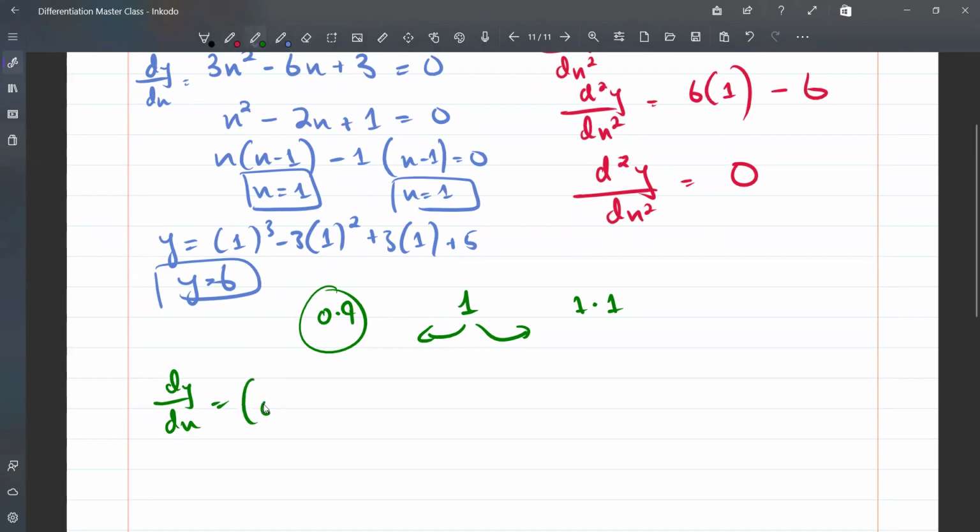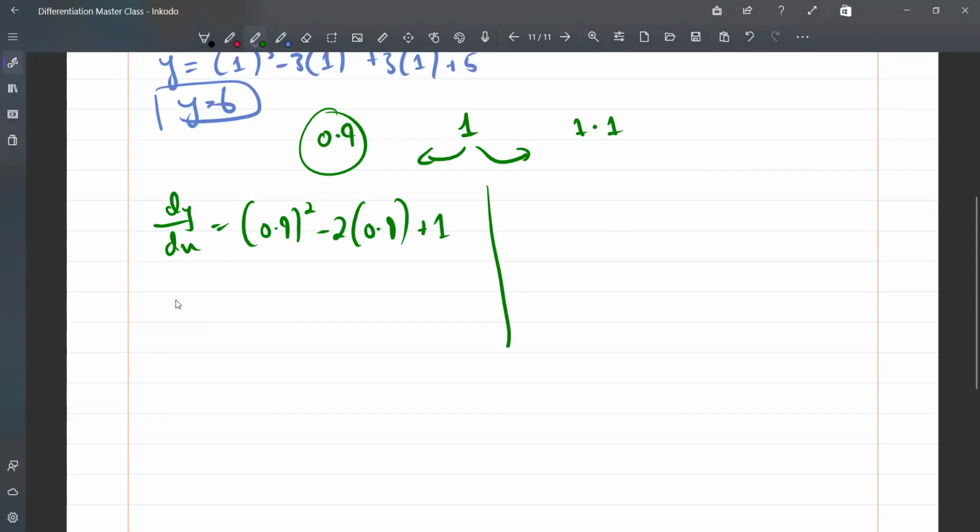So we have 0.9 square minus 2 times 0.9 plus 1, which gives dy over dx as 0.01. Notice that this is positive.